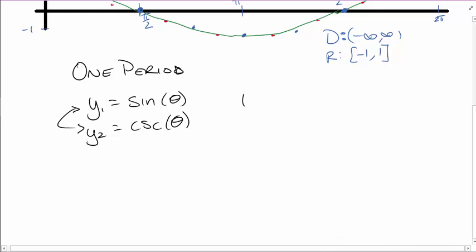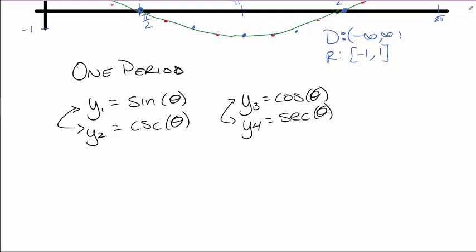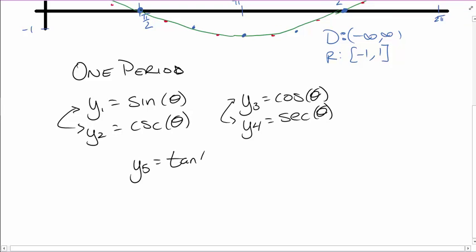I would also like you to graph the cosine of theta, which we've already developed, and immediately below that, I would like you to graph the secant of theta. Again, keep in mind their relationships. Two other functions that we want to finish with would be the tangent of theta and the cotangent of theta.